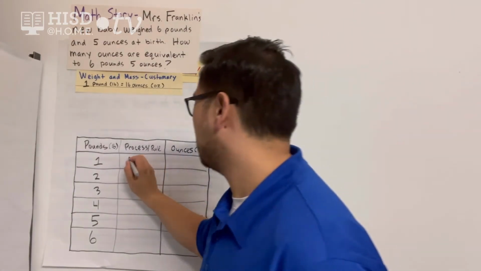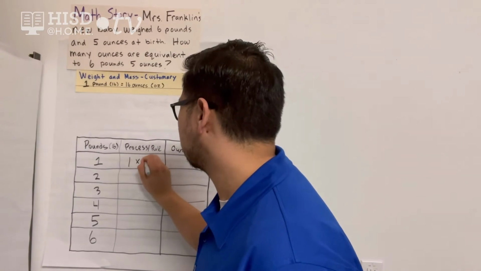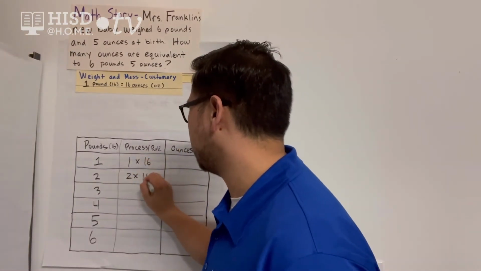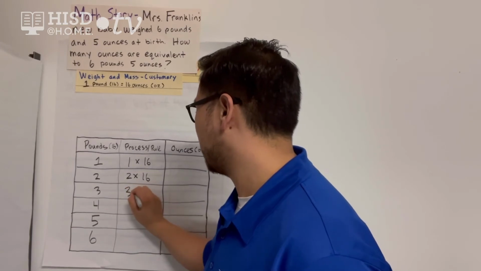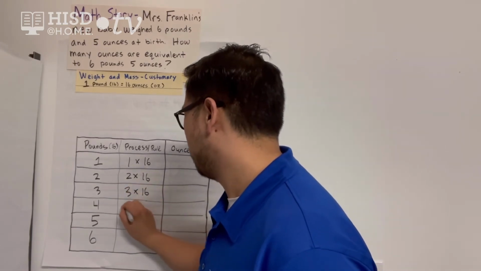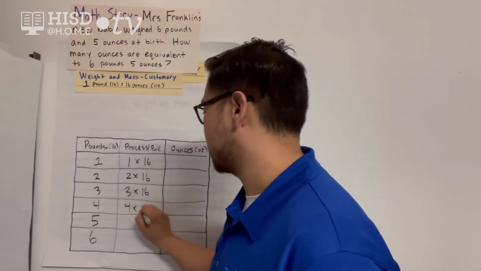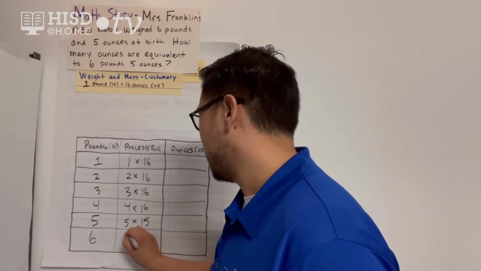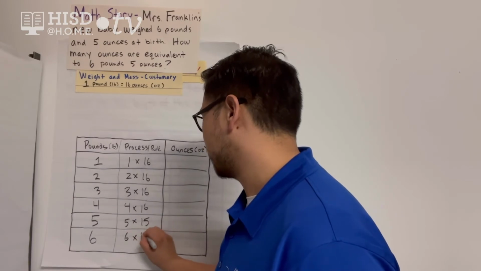So it's going to be 1 times 16, 2 times 16, 3 times 16, 4 times 16, 5 times 16, and then 6 times 16.